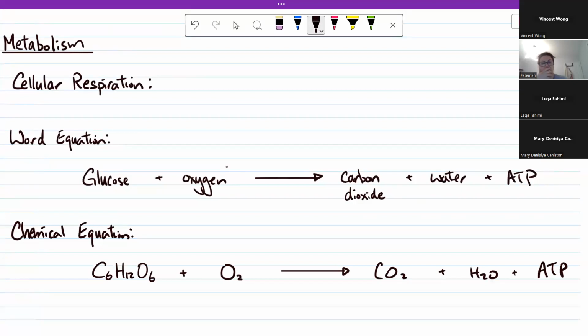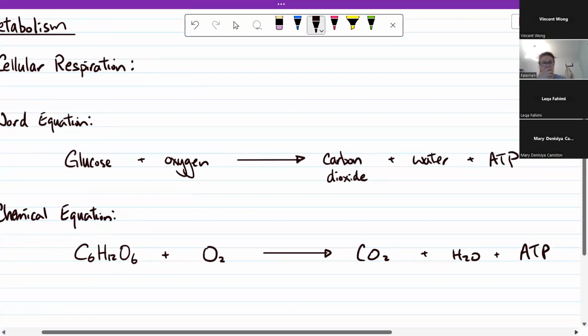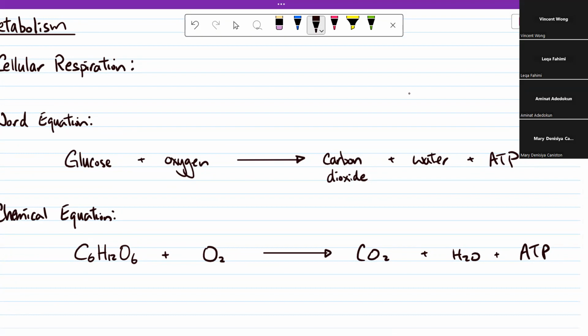Now we have to balance the equation. Did you guys learn balancing equations yet in chem? No, but I think it's next. Okay, well, that's okay. You just have to trust me then. The point of balancing an equation is to make sure that you have the same number of atoms on both sides. So if you put a 6 here, a 6 here, and a 6 here, then everything would be balanced out.